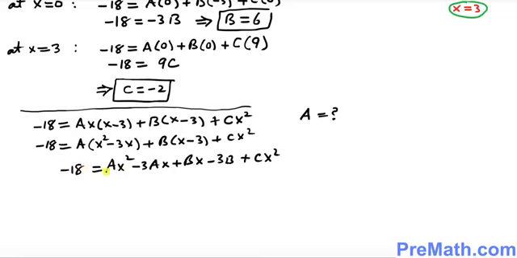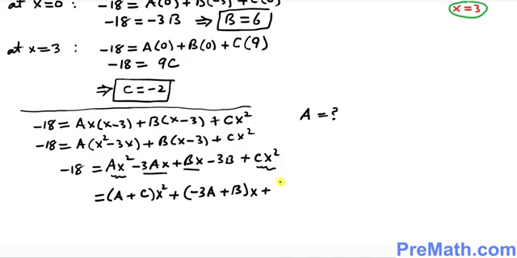Now I want you to just look at our x square part. This is our x square and this is our x square. I can write a plus c times x square outside. Likewise over here I'm gonna write negative 3a plus b times x, and plus negative 3b on this side.